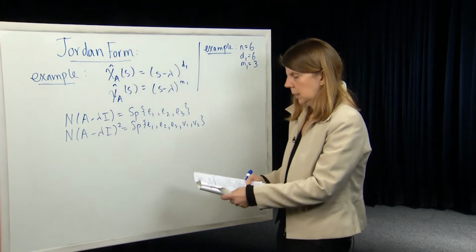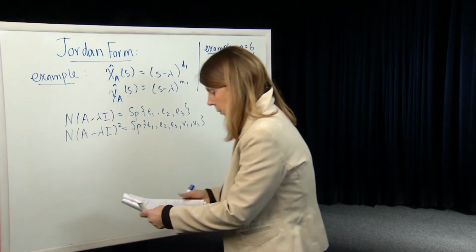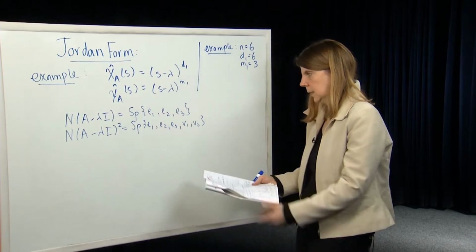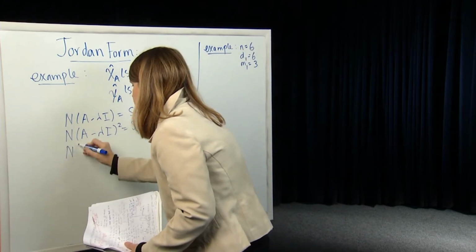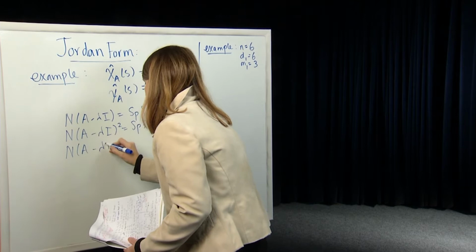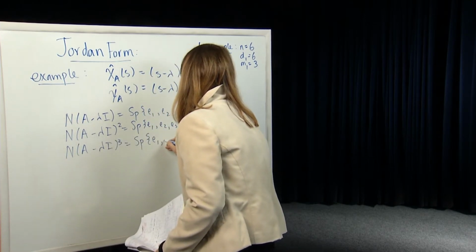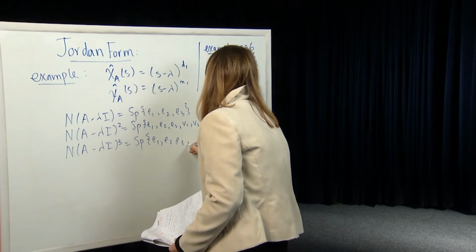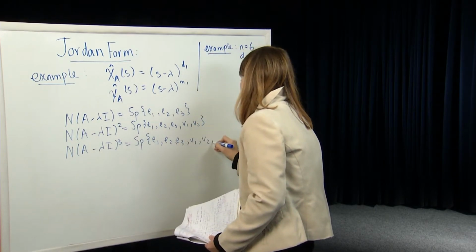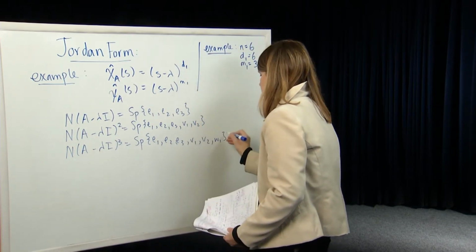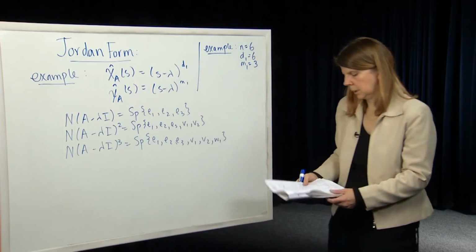And then let's suppose that the null space of A minus lambda I cubed finally gets you the 6 dimensions. So it's E1, E2, E3, V1, V2, and we'll call the 6th one W1.